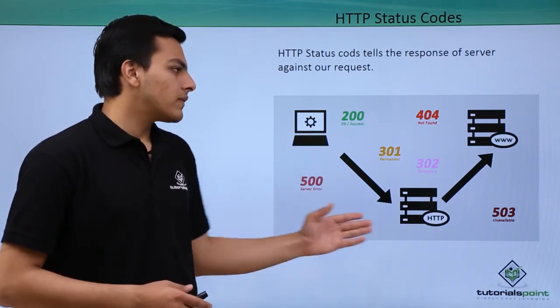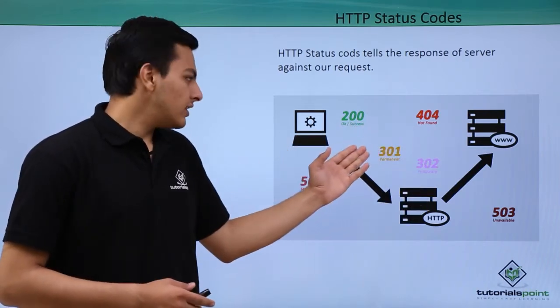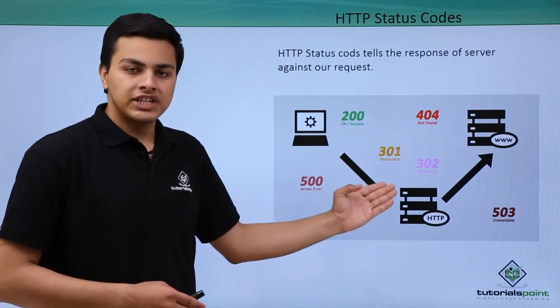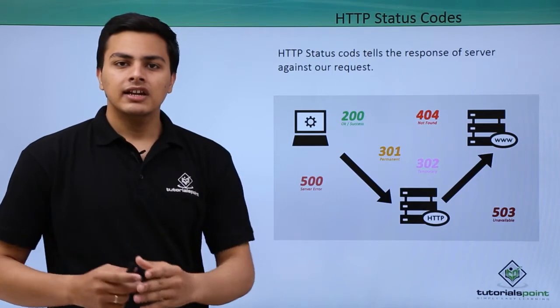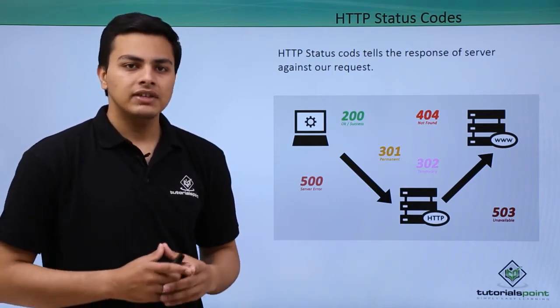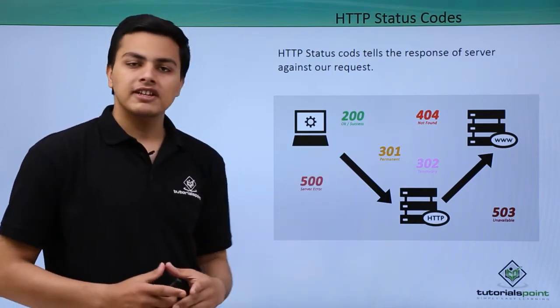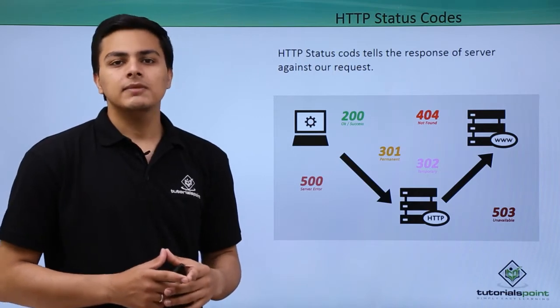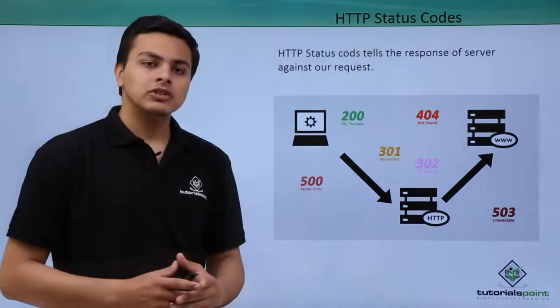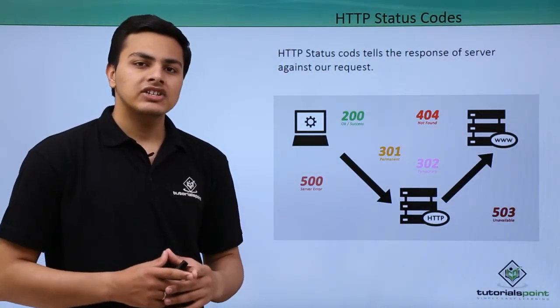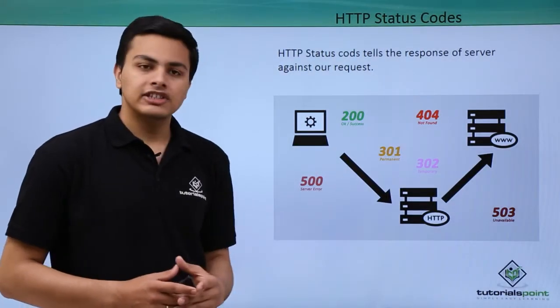Here you can see different kinds of HTTP response codes, like 200, 400, 300, 500. If we are successfully able to access our resource, then we get the HTTP response code 200, which is for OK or success, and the response codes responsible for redirection are 301 and 302.